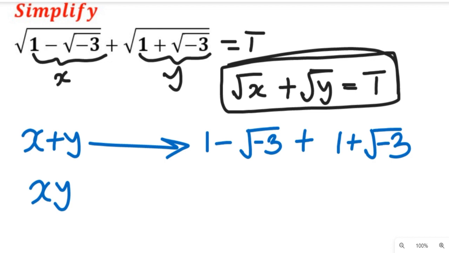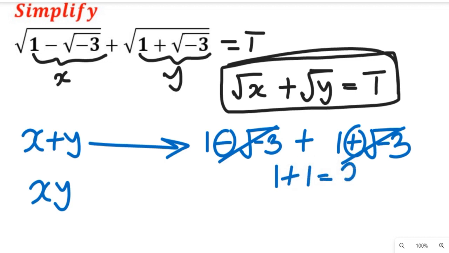Because of the negative sign and the positive sign, these two values clear off. So we are left with 1 plus 1, which is equal to 2. That simply tells us that x plus y is equal to 2.